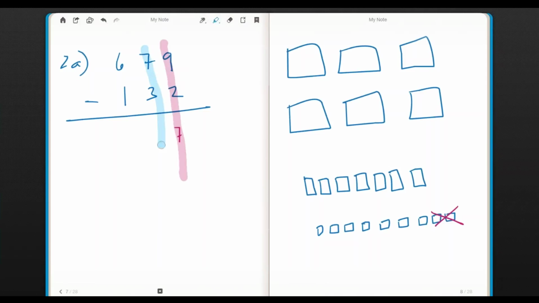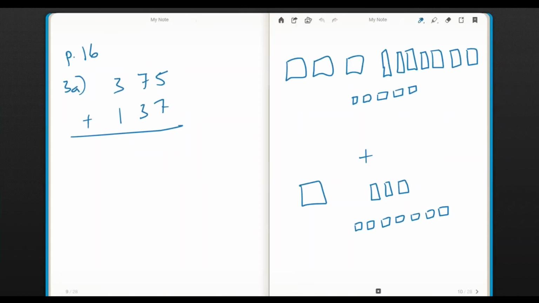If I have 7 tens and I want to get rid of 3 of them, then obviously I have 4 tens left, and if I have 6 hundreds and I get rid of 1 of them, then I'm going to have 5 hundreds left, and so 547 is the answer. Again, that's without renaming. I'm just simply combining or removing ones and tens and hundreds, but it gets a little more difficult.